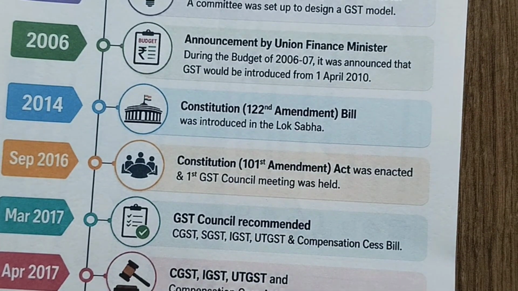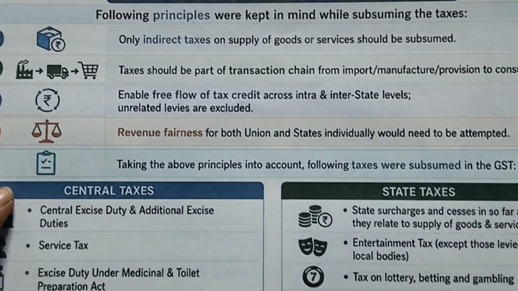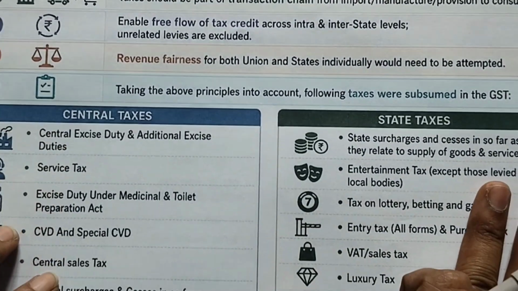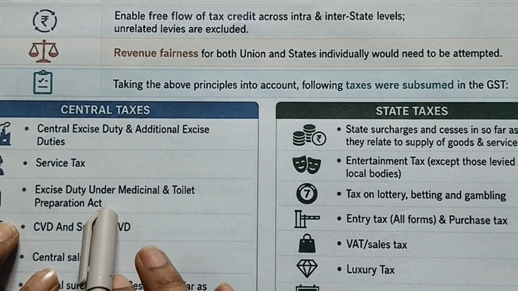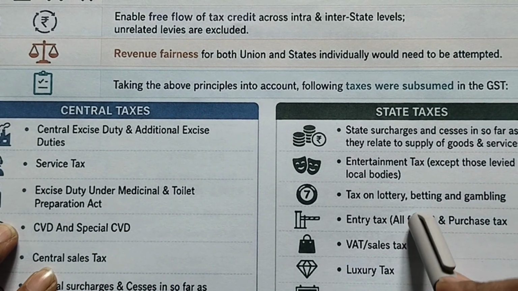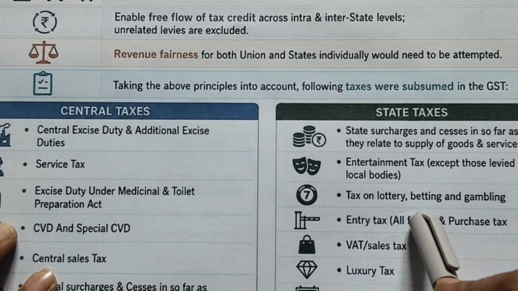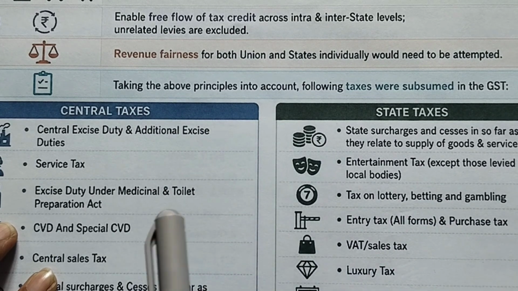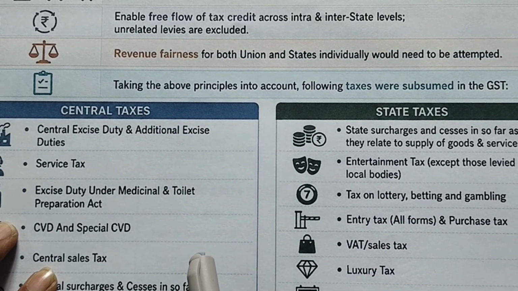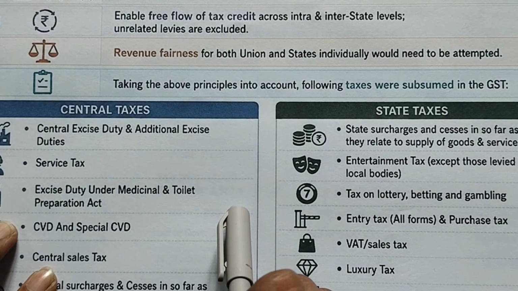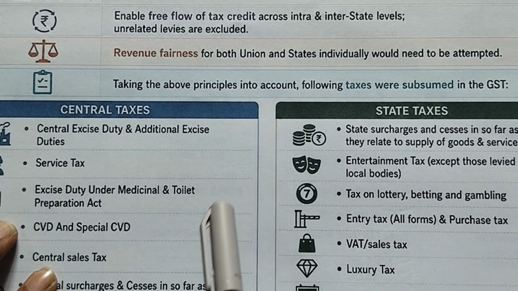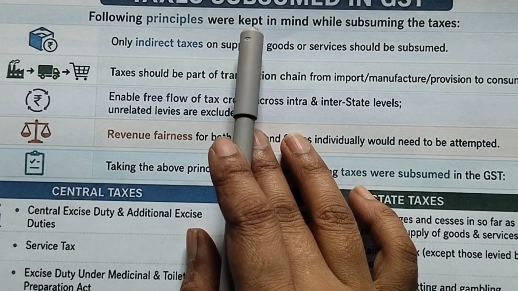Now, what are all those indirect taxes which have been subsumed under GST? Here we have central taxes and state taxes. See, GST replaced the many indirect taxes. The replacement of many indirect taxes is called subsumed.